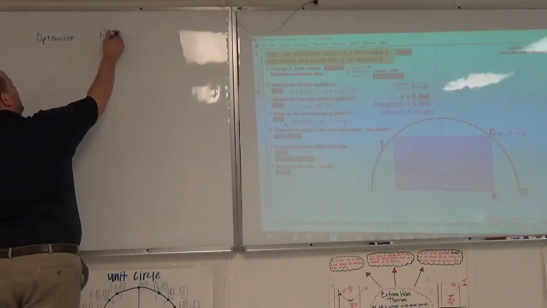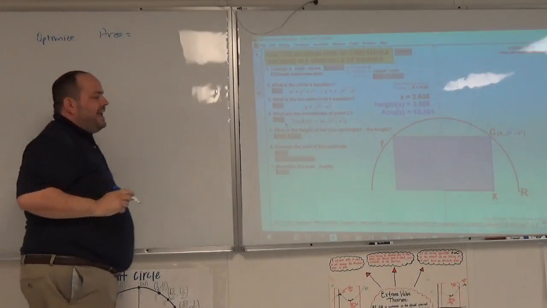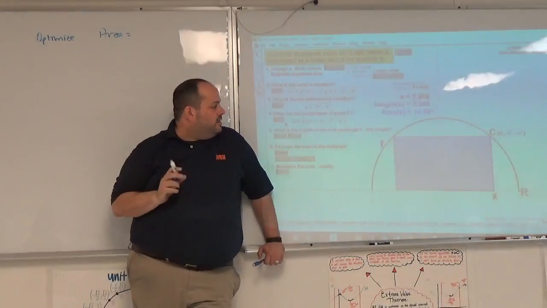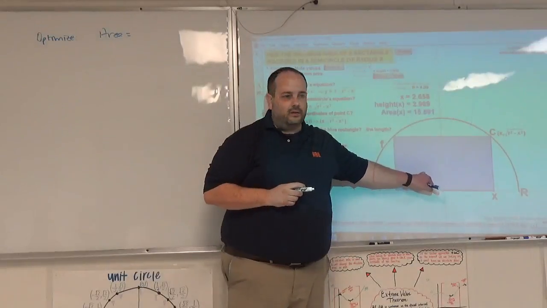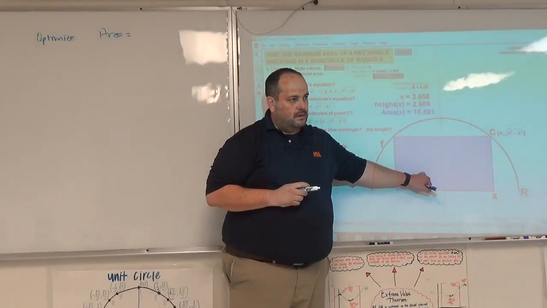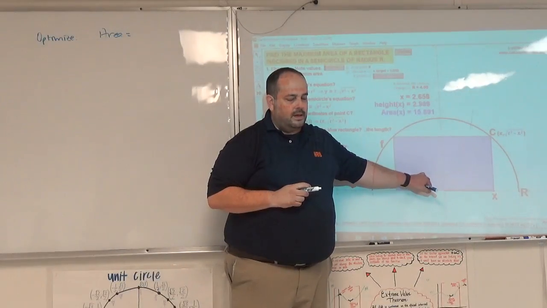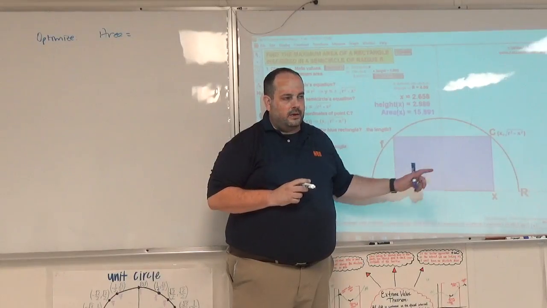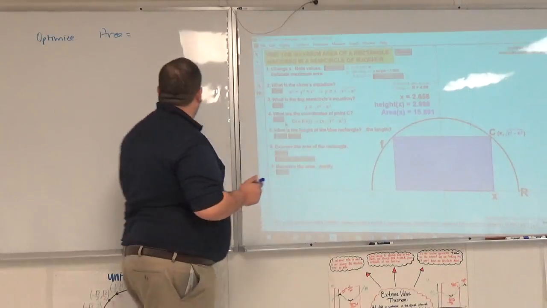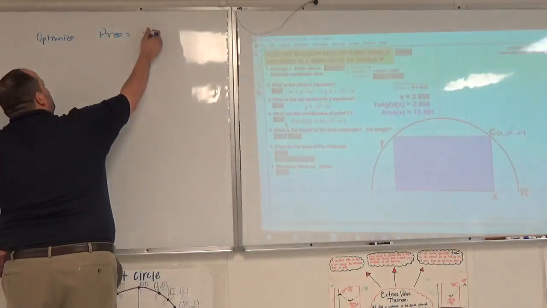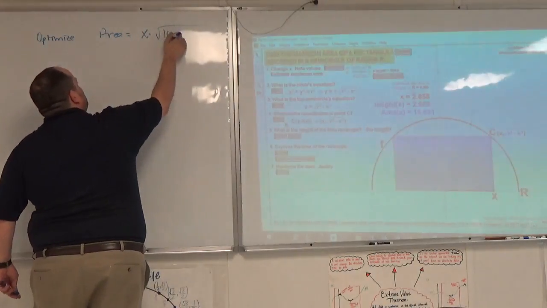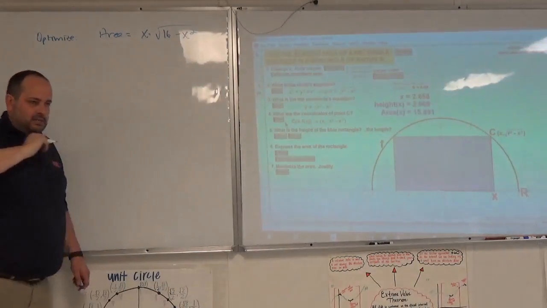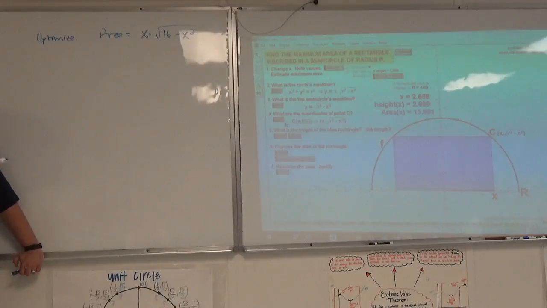All right, we're trying to optimize the area. The question is, what's the area for the rectangle? Length times width. Now what I saw a lot of folks had was x times the square root of 16 minus x squared. How many had that on your paper? Nobody? What is the actual equation?